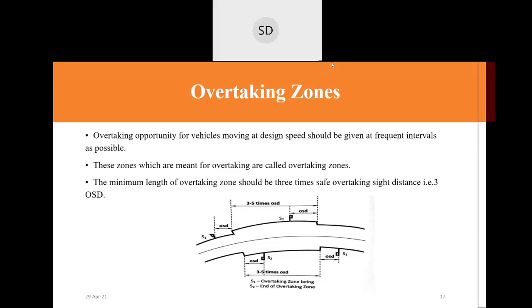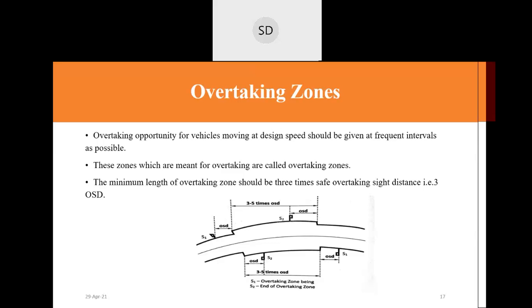I think that portion is clear. Another thing is the overtaking zone. Whenever the overtaking sight distance cannot be provided on some portion of the road, you need to provide a designated overtaking zone where vehicles can overtake.